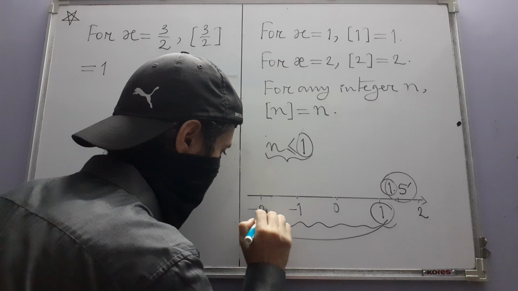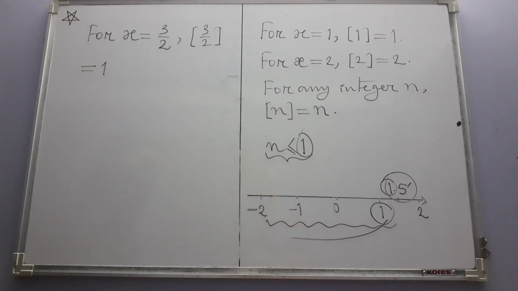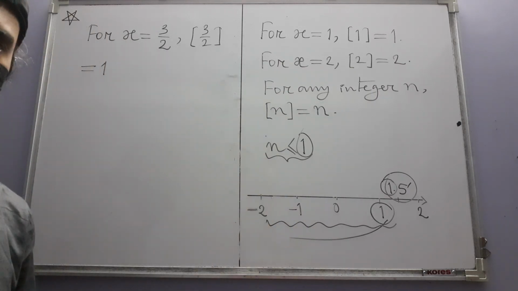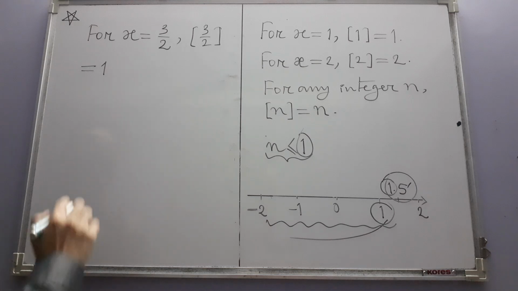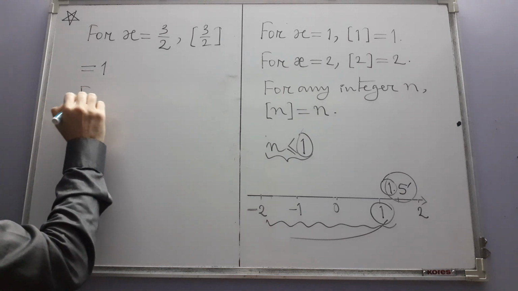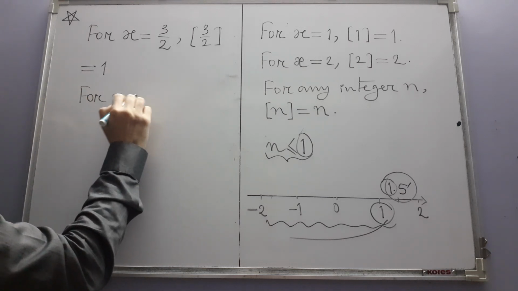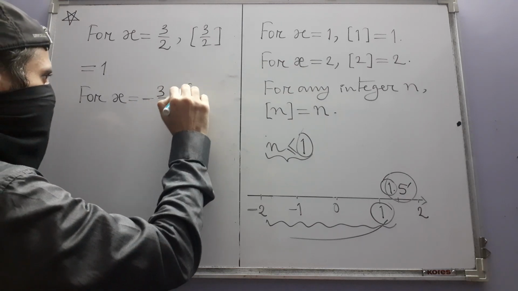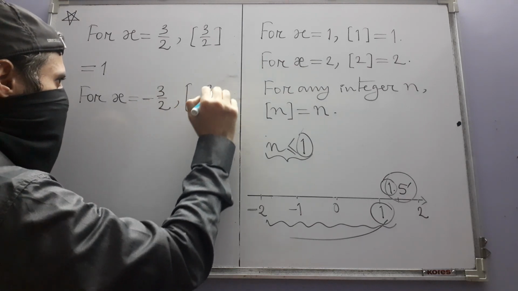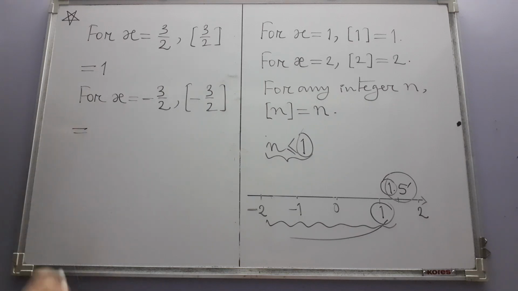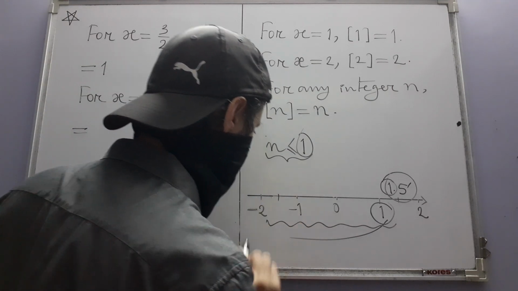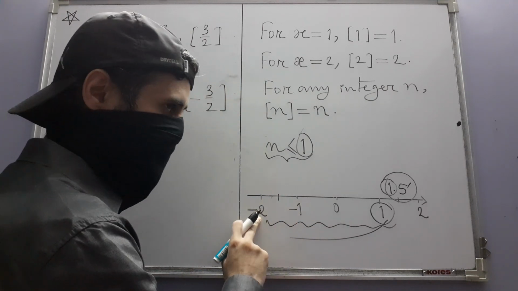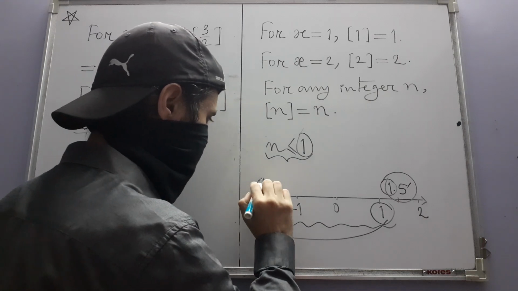But now watch this. If I take minus 1.5, that means minus 3 over 2. What is this though? This is the middle point of minus 1 and minus 2 in this pictorial representation.